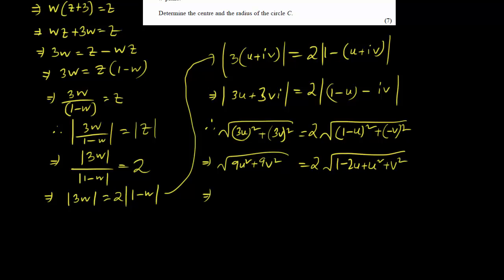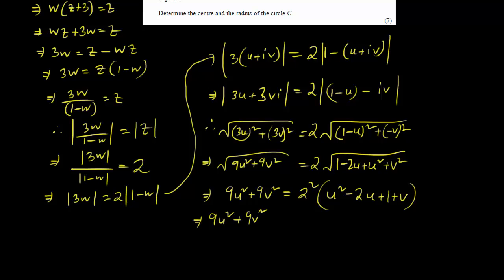If we send this square root to the other side, it turns out to be 9u squared plus 9v squared equals 2 squared, and if I rearrange it, the square of the square root is 1, so this is going to be u squared minus 2u plus 1 plus v squared. So this is going to be 9u squared plus 9v squared equals 2 squared is 4, so 4u squared minus 8u plus 4 plus 4v squared.